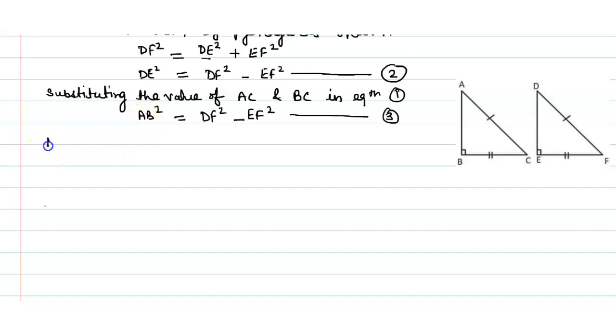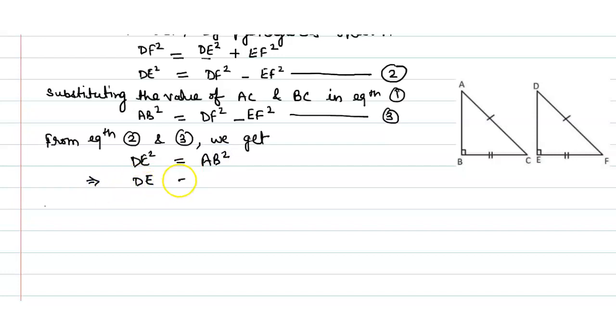So right here, from equations 2 and 3, or by comparing these two equations, we get that DE square will be equal to AB square, and when the squares of two sides are equal, then those sides will also be equal.